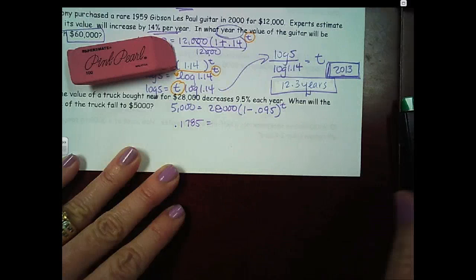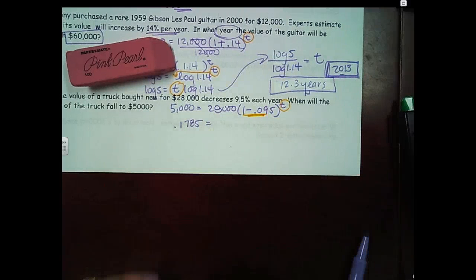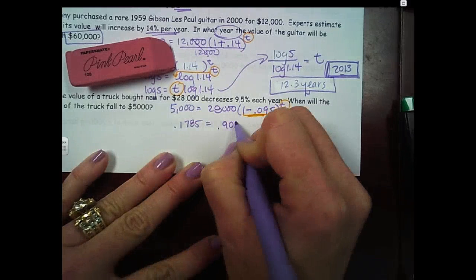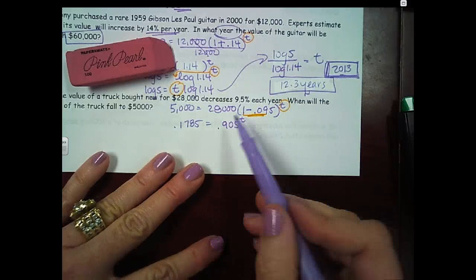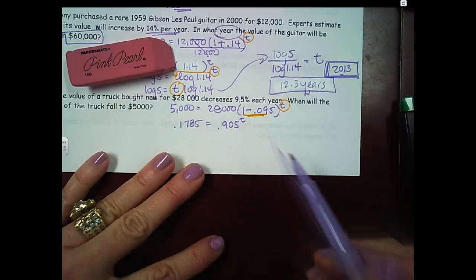And guys, since we're solving for t, I'm gonna clean this up: 1 minus 0.095 gives you 0.905. So I'm gonna change this to 0.905 to the t, because I think you'll be able to see it easier. All I did was divide both sides by 28,000, right? And I cleaned this up a little. Did y'all see what I did?